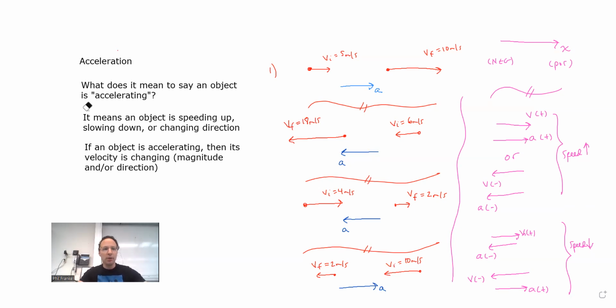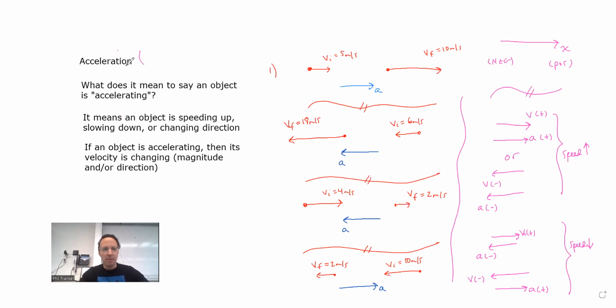And you'll note at no point have I used the term deceleration. In everyday life, people use the term deceleration to mean slow down, but I don't like this term because people associate deceleration for some reason with negative acceleration, but negative acceleration doesn't mean slowing down necessarily.